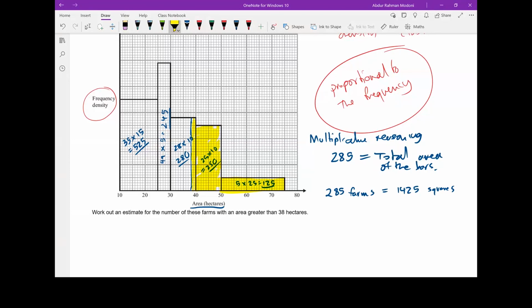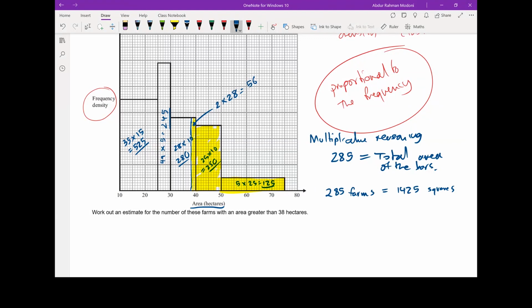So how many farms are there? In order to work that out, let's work out how many little squares I have there. I know I've got 250 and 125 in the last two bars, and I'll work out this little part bar, this tiny bit here. It's 2 in width, and vertically it's 20, 25, 28. So 2 times 28 gives us 56 squares.